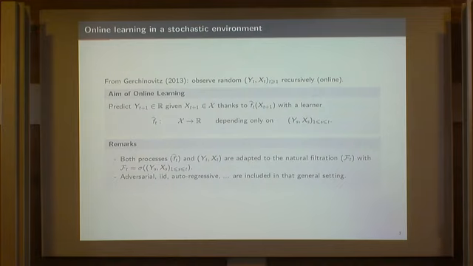This setting is even more general, because you can always think of an adversarial nature which picks exactly the process XT, YT as a sequence, something completely deterministic, completely degenerate in terms of stochastic setting, which plays adversarially to what you predict.